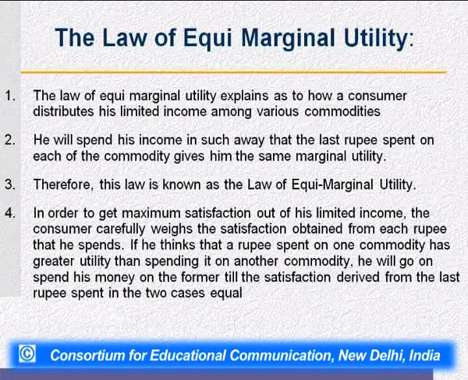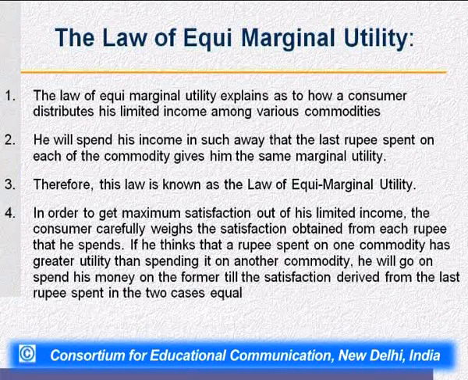If he thinks that a rupee spent on one commodity has greater utility than spending it on another, he will go on spending his money on the former till the satisfaction derived from the last rupee spent in the 2 cases is equal. वो तब तक spend करेगा जब तक कि वो marginal utility उसकी बराबर नहीं हो जाती.